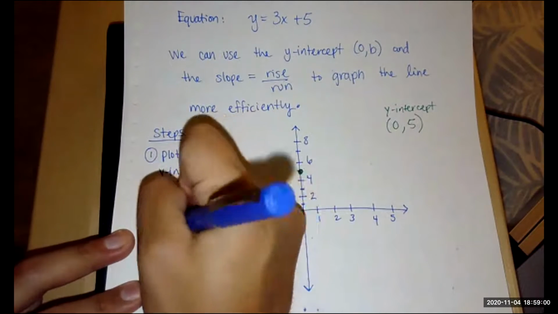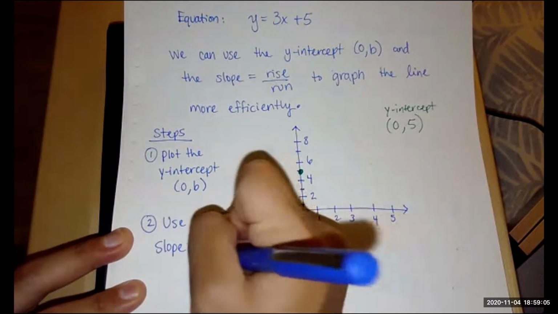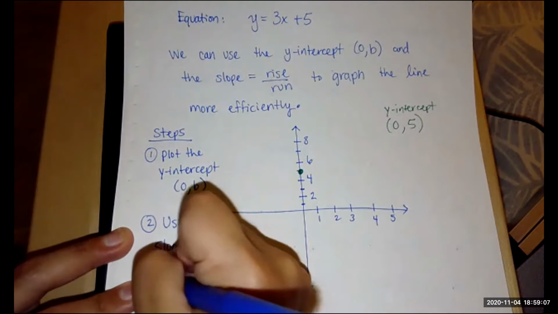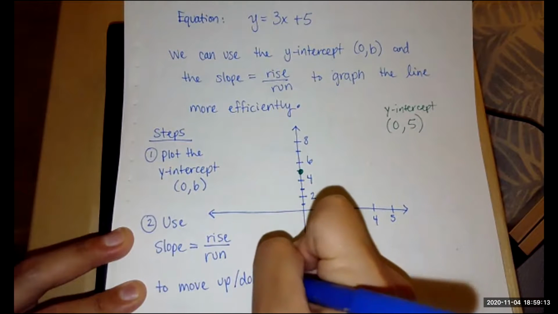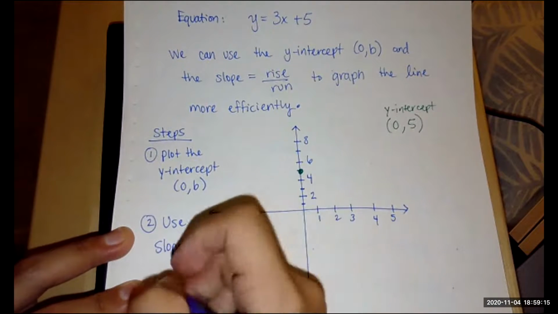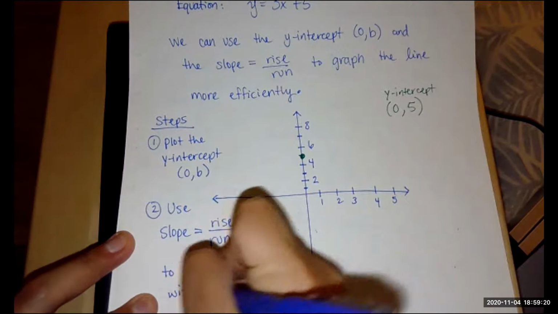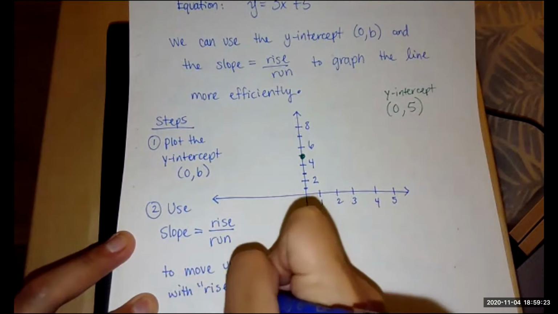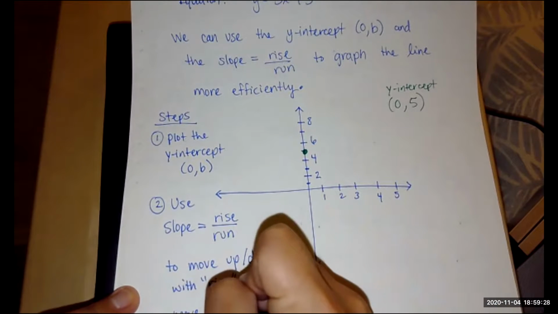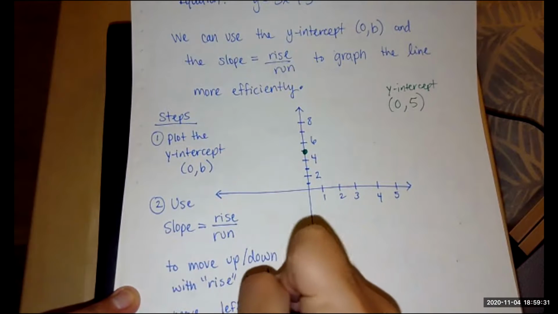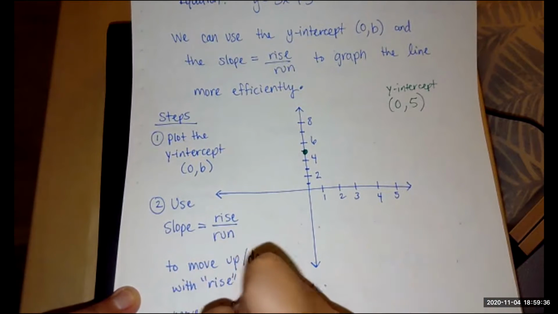The second step is to use the slope definition of rise over run to move up or down however many spaces the rise tells you, and move left or right with the run.